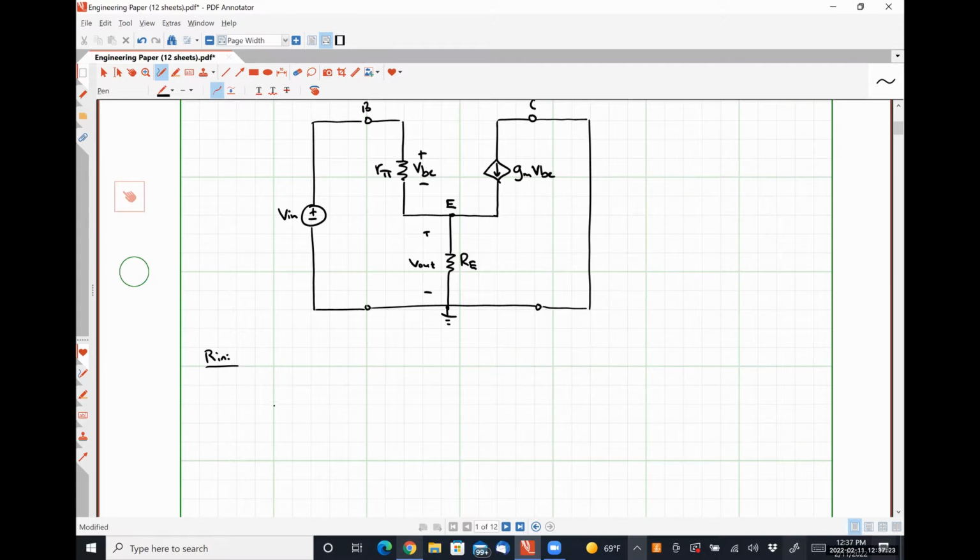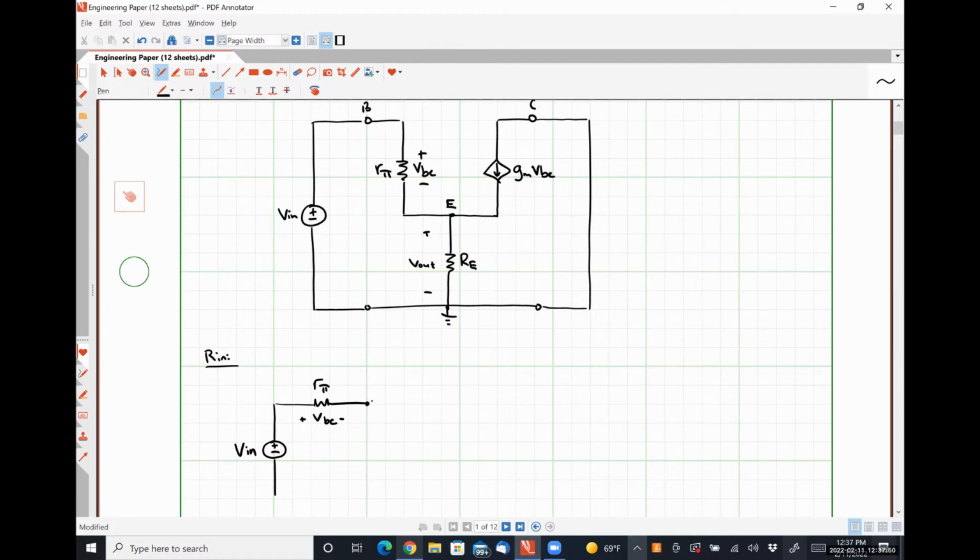So on the left-hand side, I have V in. Then I have my resistor R pi, over which a voltage drop VBE occurs, and the positive polarity of my voltage VBE corresponds to the positive polarity of my input voltage.